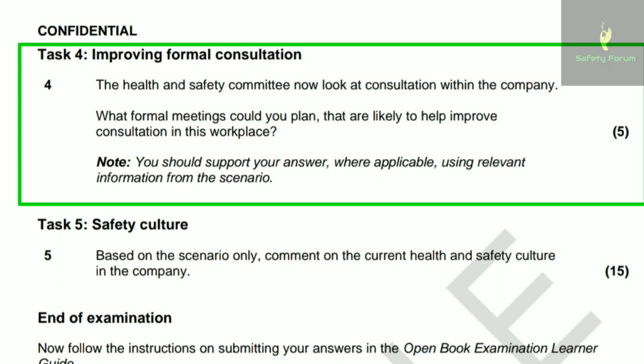So again, friends, this is the section which tests the effective communication methods which you can apply from your course. So how can you improve the consultation? I have informed you in our past videos, consultation is a two-way process, right? Two-way communication. So you have to explain how you can do a better consultation with your workers, because from this scenario, there is no proper consultation.